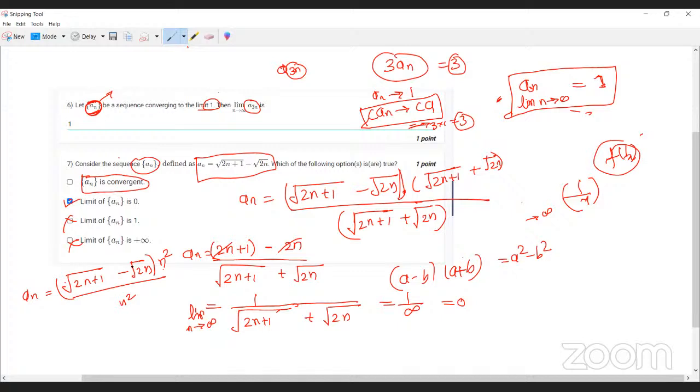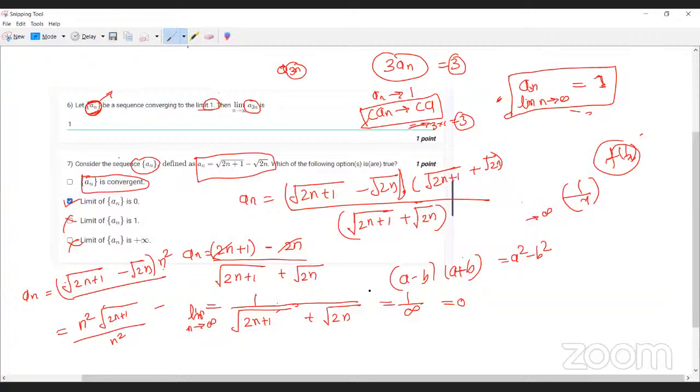I am not multiplying the whole individual term. Suppose the first term is a, another term is b. In the first term, I will multiply with n square and divide by n square, and the second term, same thing. Then how will I get to that form, 1 by something?